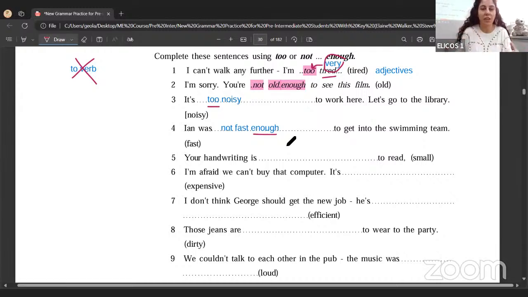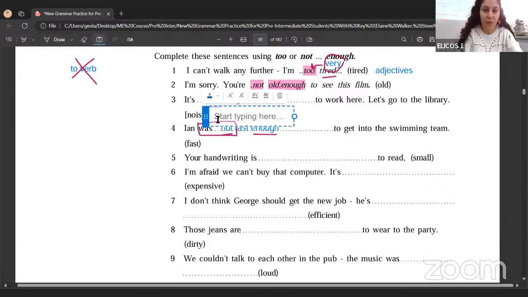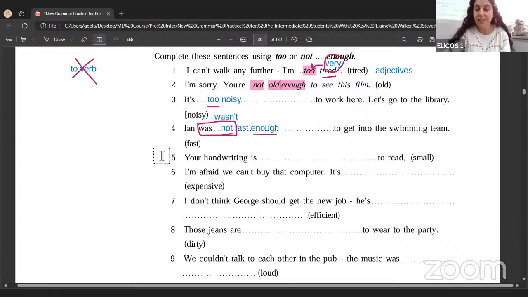So he was a slow runner. There were other students or people that were faster than him. So Ian wasn't, you can see the negative. You can put this word together and say wasn't if you want. Ian wasn't fast enough to get into the swimming team.